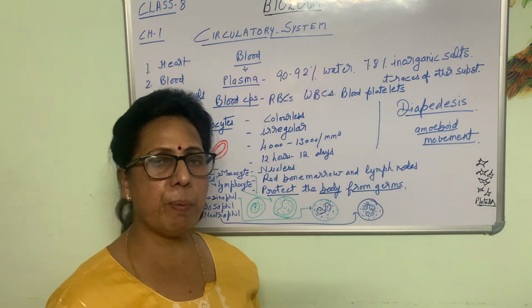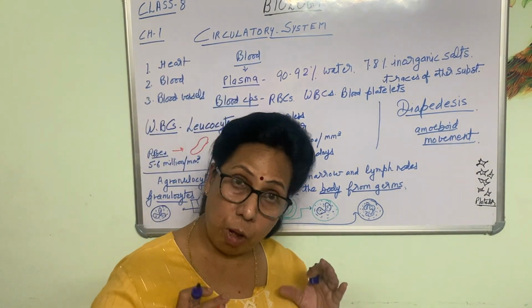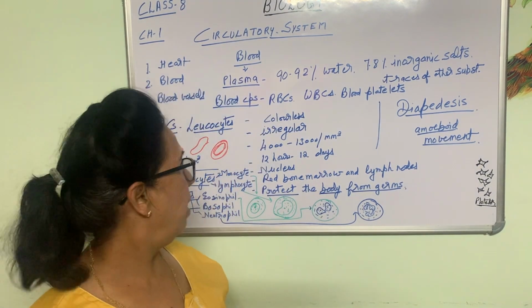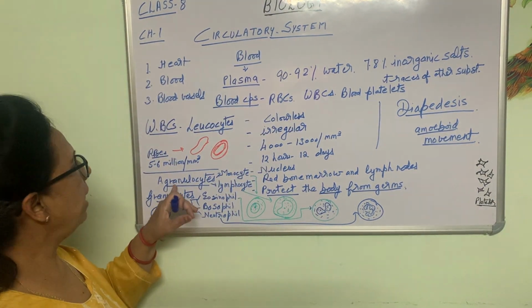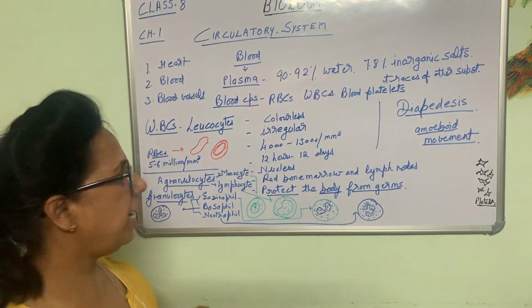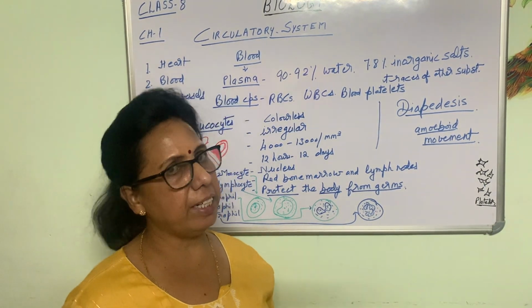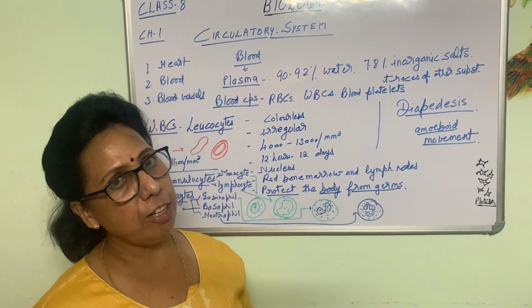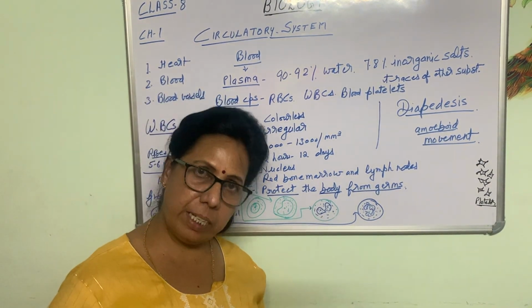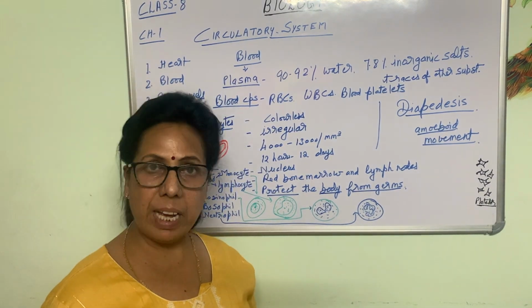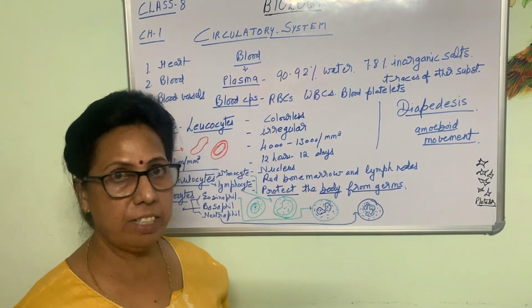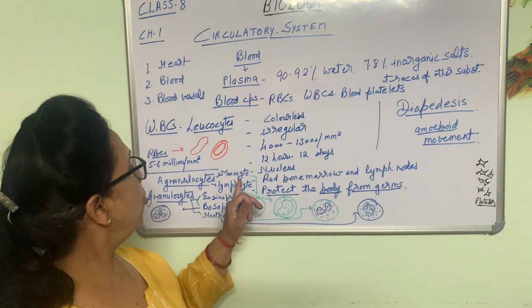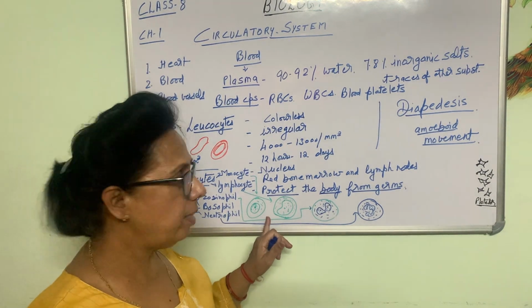On the basis of the shape of the nucleus, they are divided into various groups, that is granulocytes and agranulocytes. When granules are present in the cytoplasm, they are known as granulocytes. When granules are absent in the cytoplasm, they are known as agranulocytes. Agranulocytes are of two types, monocytes and lymphocytes. Monocytes have a rounded nucleus.